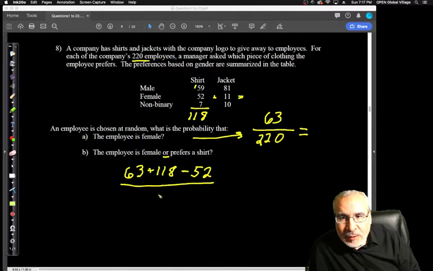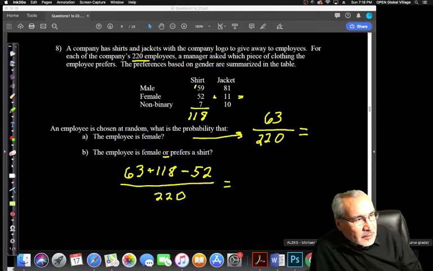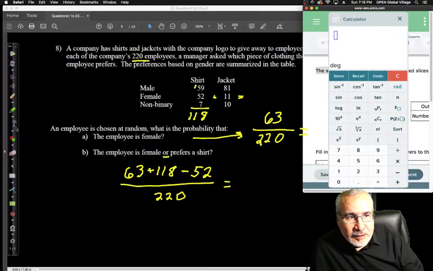And again, it's always over 220. So we get 63 plus 118 minus 52, and since we do have access to a calculator, we just go ahead and make use of that, because we're also going to get the decimal equivalents just in case it's needed.